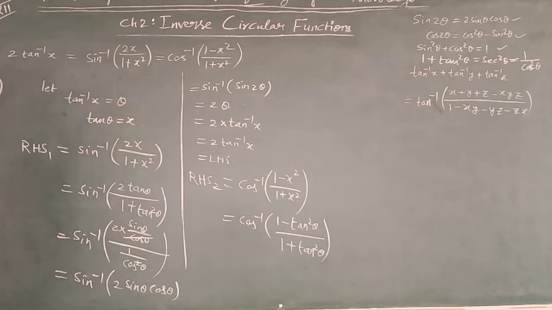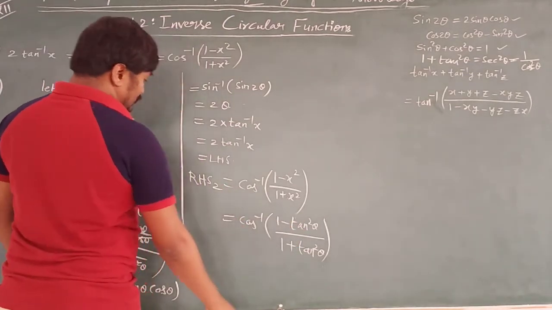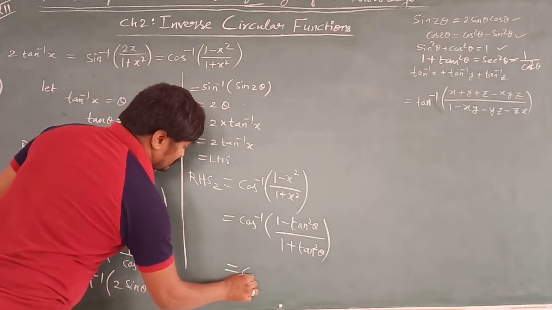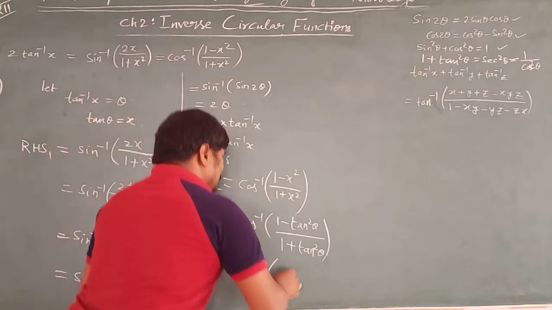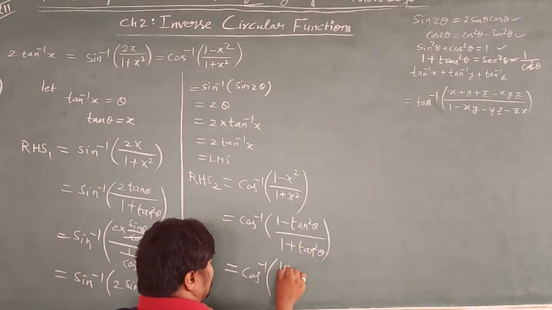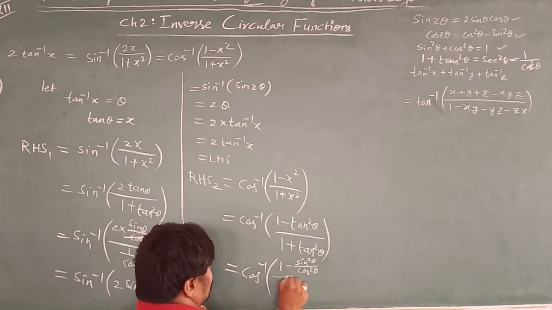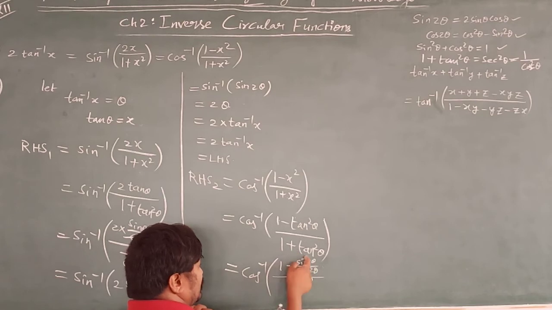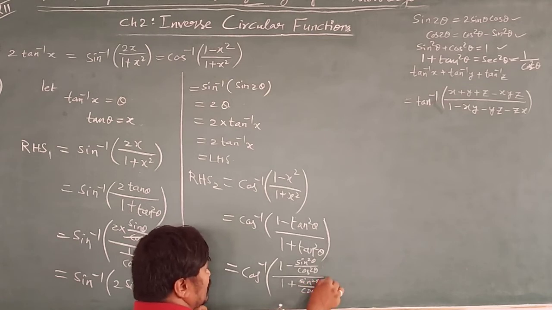Changing this into sin square and cos square, we can write this as cos inverse 1 minus sin square theta upon cos square theta, upon 1 plus sin square theta upon cos square theta.